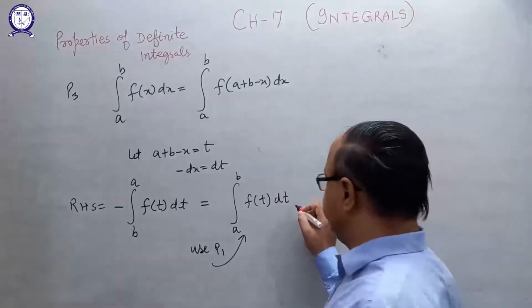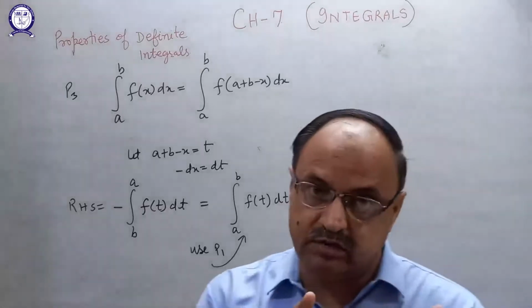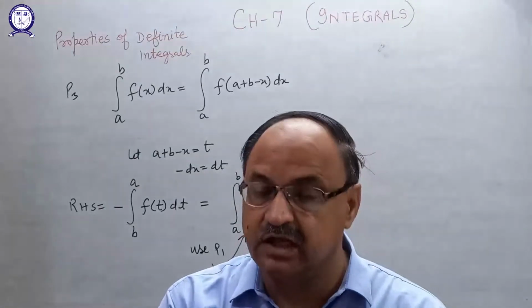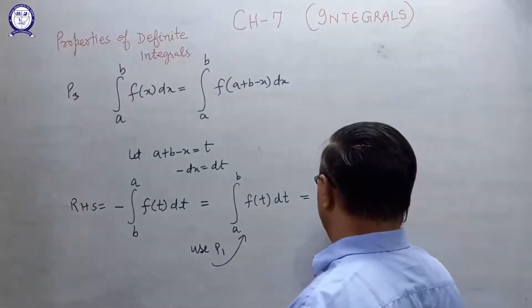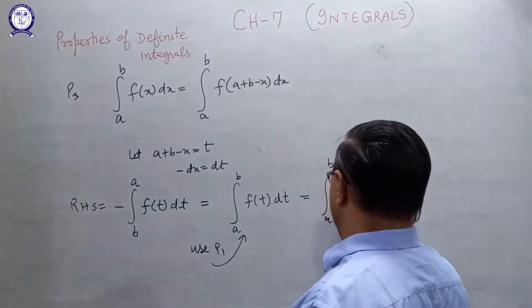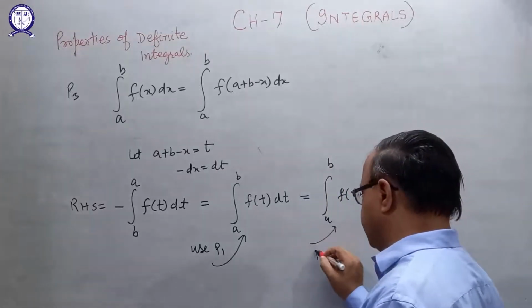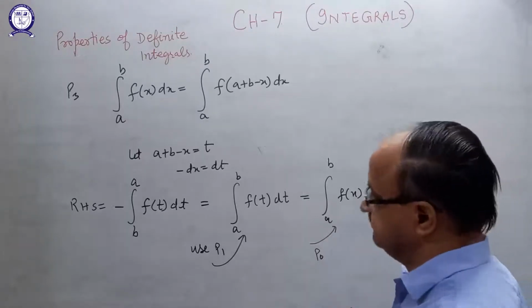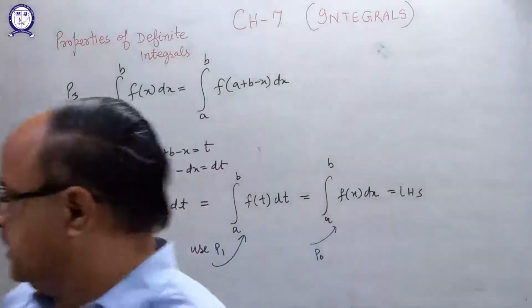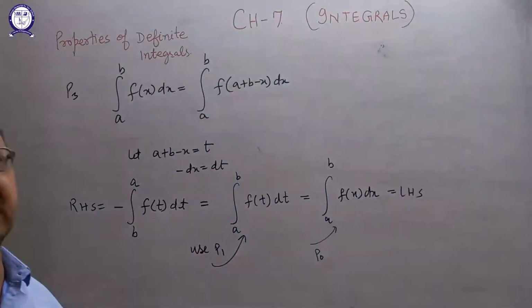Now use property P0. If we change the variable, then there is no difference. Now a to b f of x dx, here we apply property P0. That is the left hand side. Correct? You can prove all the terms like that. All are very easy. Correct?